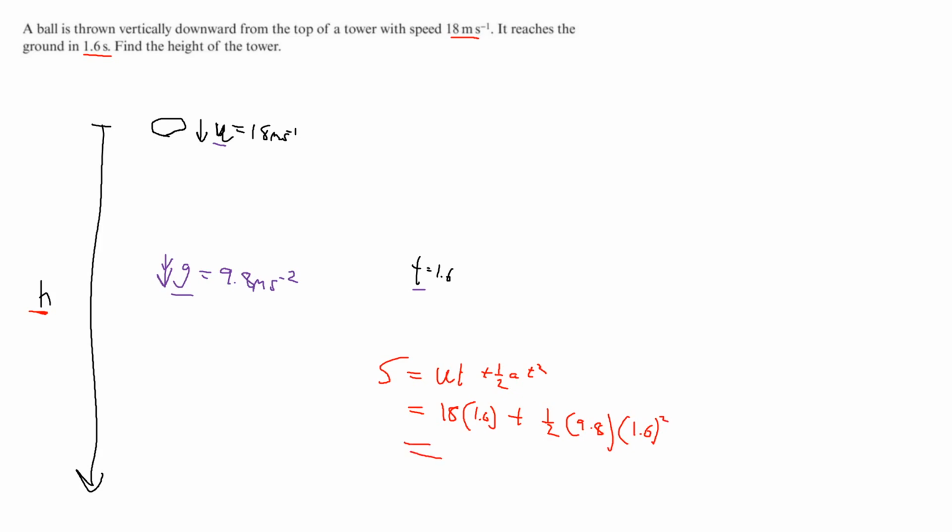Now let's write that out into our calculators. And when we do that, we should get an answer of 41.34 meters. Okay? And literally, it's the exact same thing, only this time we're using gravity.